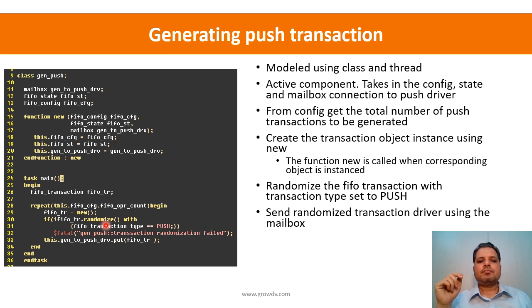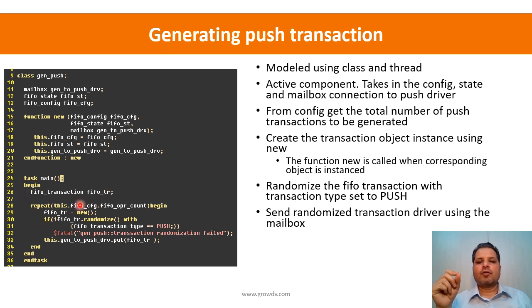Now we'll look at what the main thread of the push class, the generator push, does, right? We have declared this handle. When we talk about the class, there are two things. One, we need to declare a handle, and then we need to call new on that handle to instance that particular object, right?